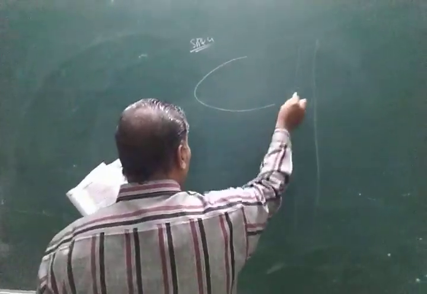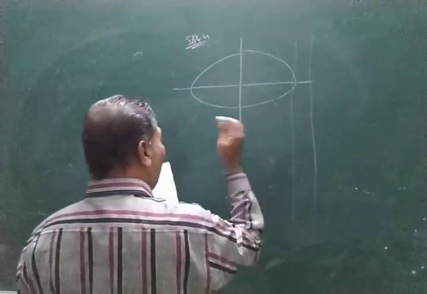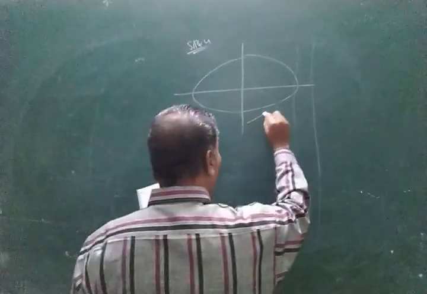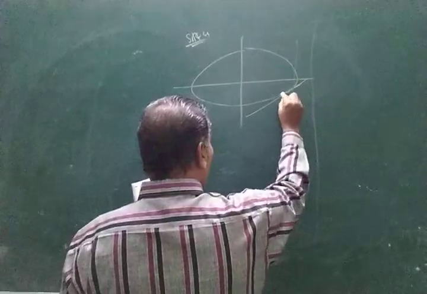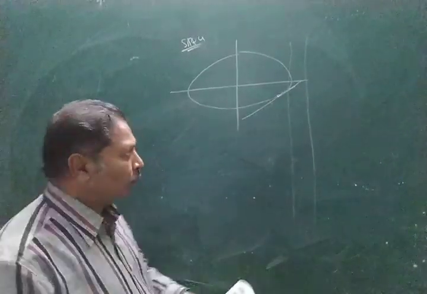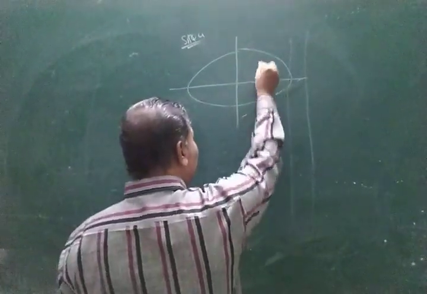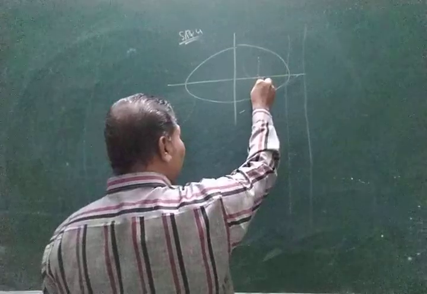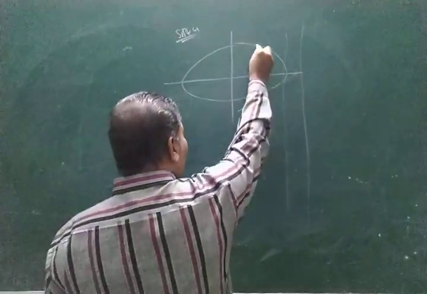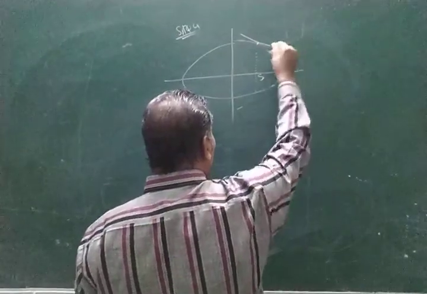This is the ellipse. Normal at the end of the latus rectum. This is the latus rectum. End of the latus rectum.